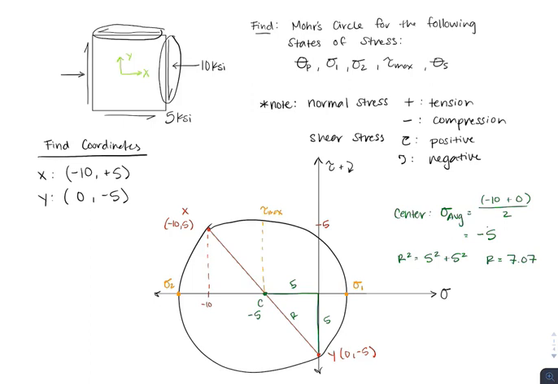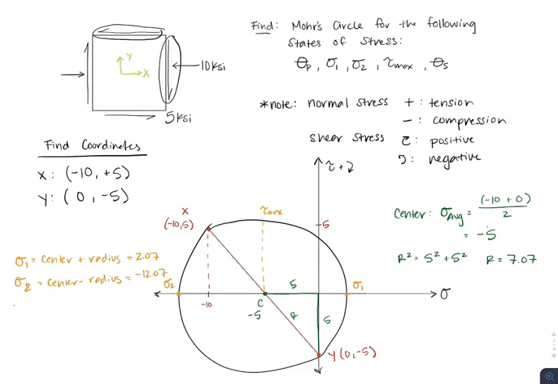We'll start with sigma 1, our first principal stress. That is just equal to the center coordinate plus our radius, which gives us a value of 2.07. Then sigma 2 is just our center minus our radius, which gives us a value of negative 12.07.